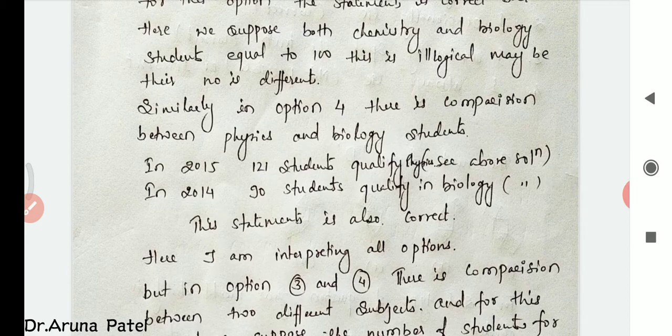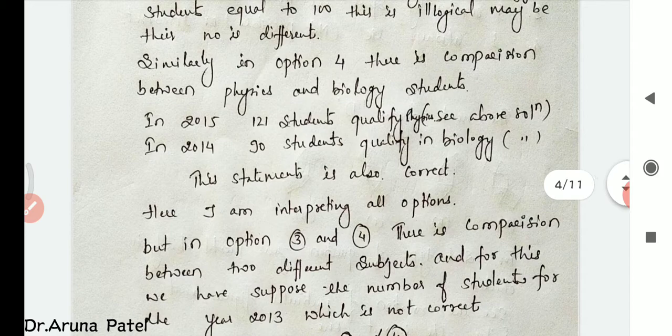So this statement is also correct, but we do not take it, because here too there is a comparison of two different subjects, physics and biology, and for both we have to assume the 2013 data is the same. So this is also illogical. For comparing any statement we cannot suppose all the data. So this is not a suitable statement.